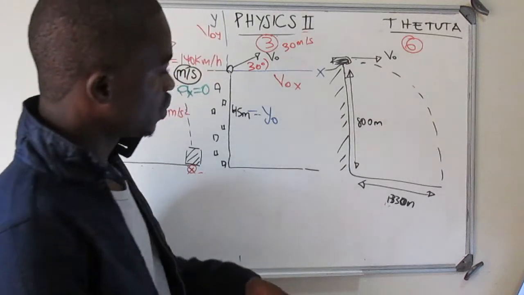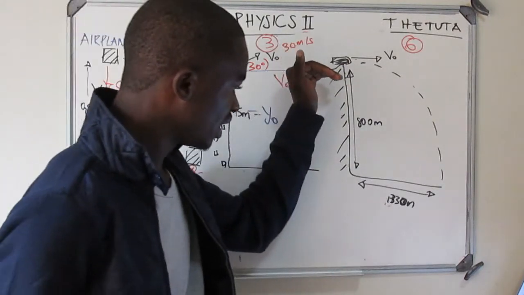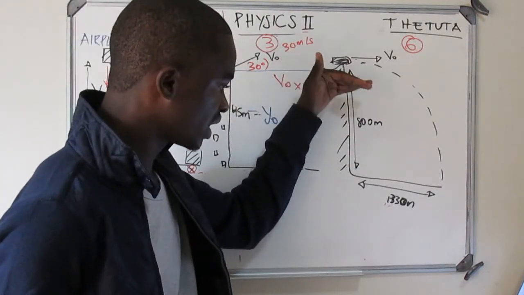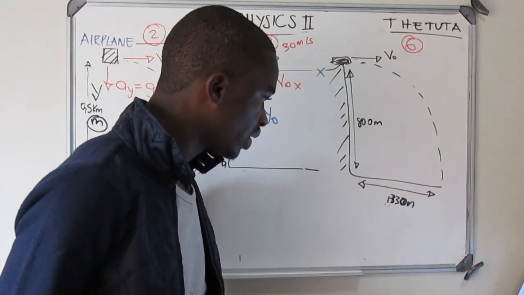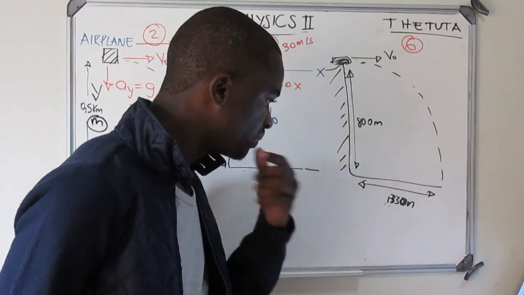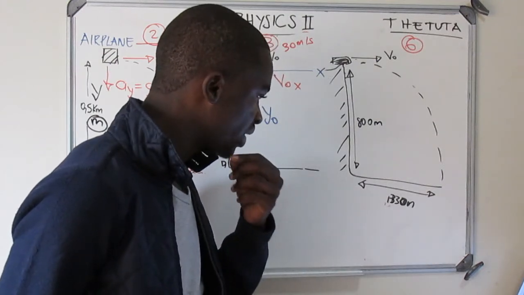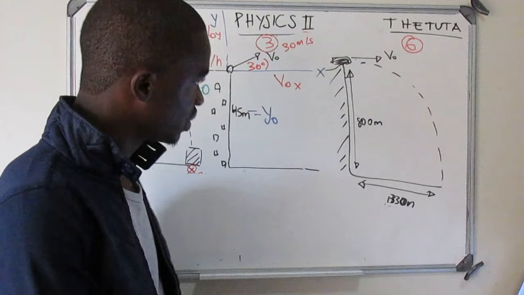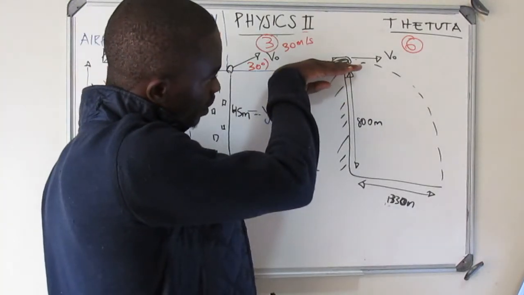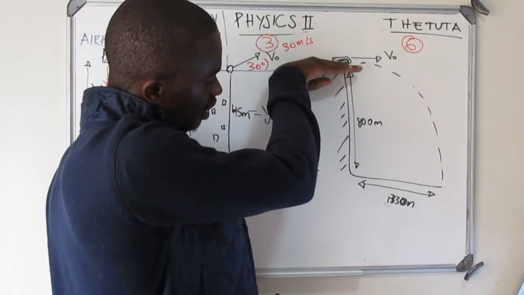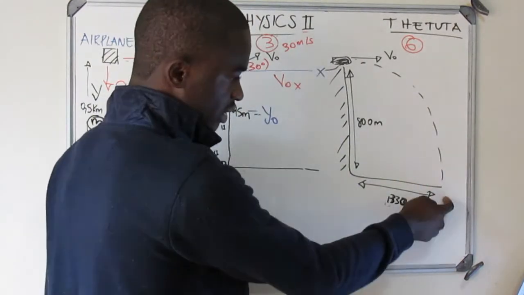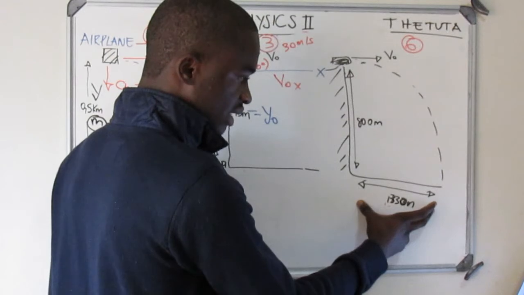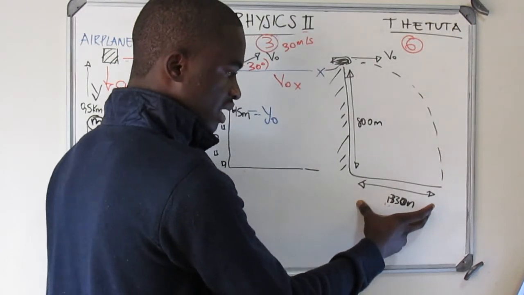So in question 6, you can see that they give us a shell of a firework with horizontal velocity, and it's on top of a 60 meter cliff. The shell strikes at this distance. Can you see? So we have this firework standing on top, and when it falls down, it goes to this specific distance, and then we must calculate the initial speed.